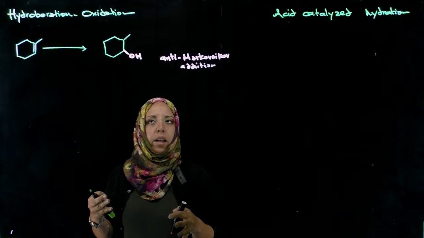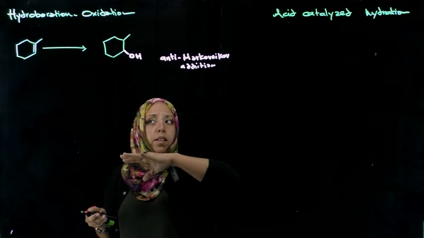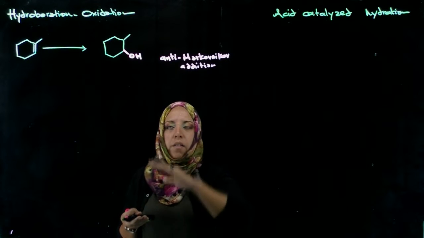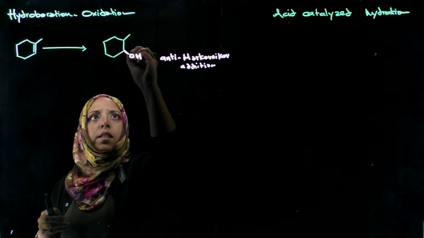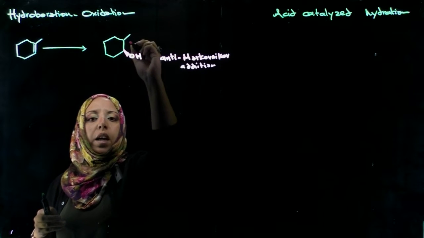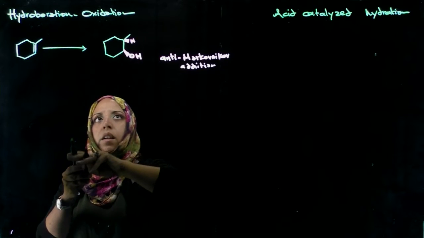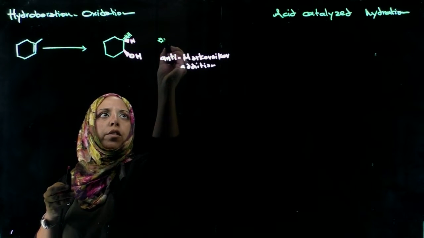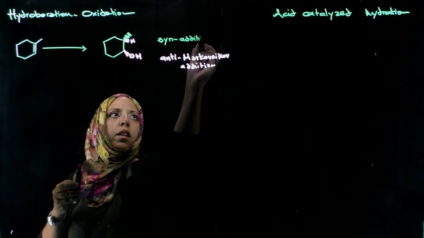But because of the way the mechanism works, that alcohol and the hydrogen add to the same side, or the same face, of that carbon-carbon double bond. Meaning, if that alcohol group, let's say, was on a wedge, there would be a hydrogen right here that's on a wedge as well, right? And this would be on a dash. So it's also what we refer to as a syn addition, right?